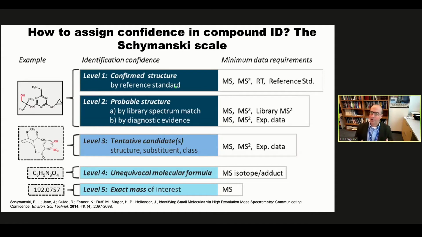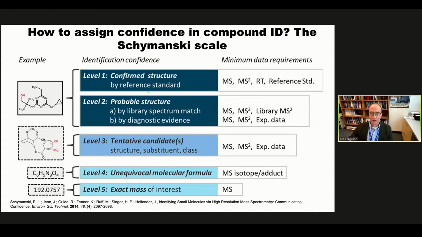We can actually compare our spectral data to reference standards that we have in our laboratory, and we can confirm structures. And so we can go down through decreasing levels of annotation confidence all the way down to level 5, where we really don't know much about the molecule other than its exact mass.